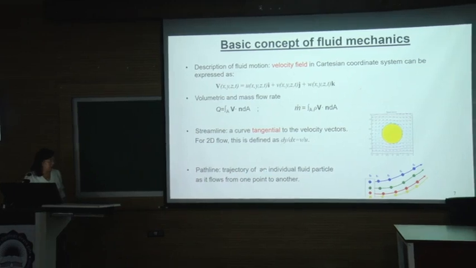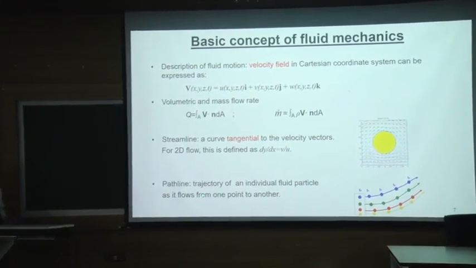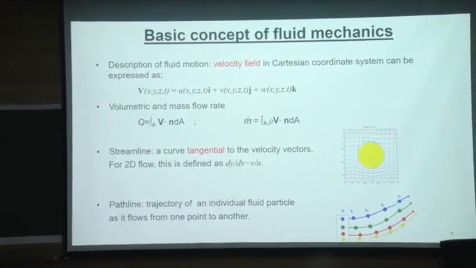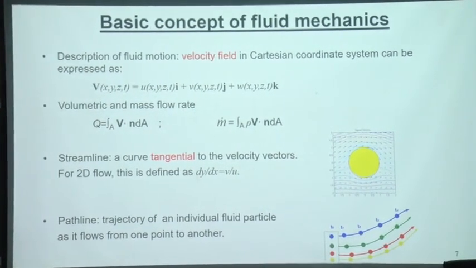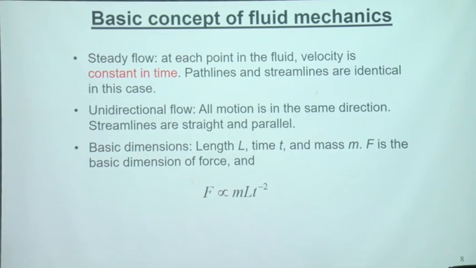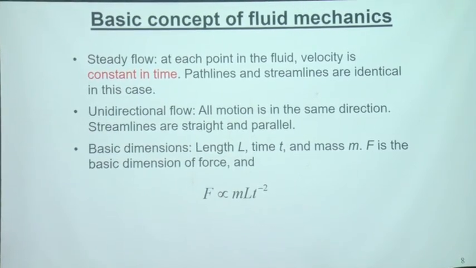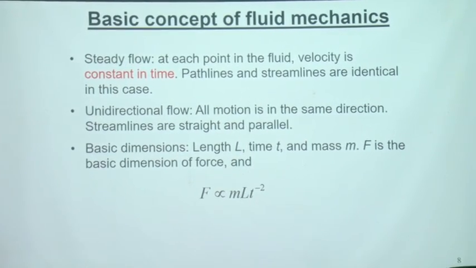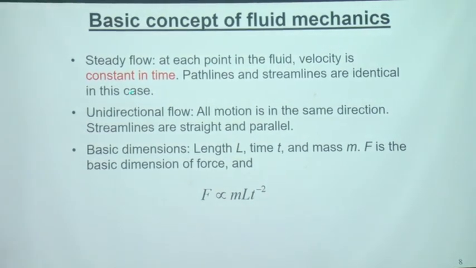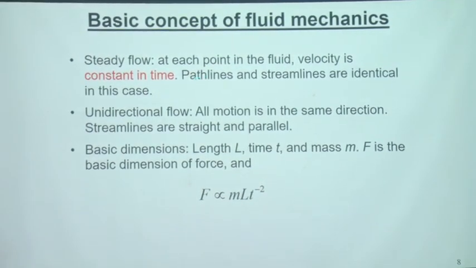The trajectory follows individual fluid particles as they flow from one point to another. So there are differences between streamlines and path lines. However, if we assume the flow to be steady, which means that at each point in the fluid, velocity is constant in time, then the path lines, particle trajectories and streamlines are identical.